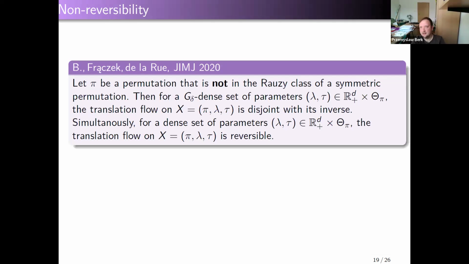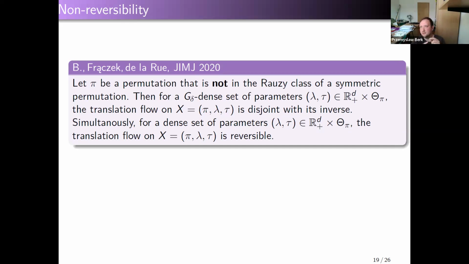So together with Krzysztof Frączek and Thierry Delarue, we proved that if the permutation is non-symmetric, so it doesn't belong to this Rauzy class of the symmetric permutation, then for a G delta dense, so a topologically large, set of parameters of surfaces, the translation flow is disjoint with its inverse.